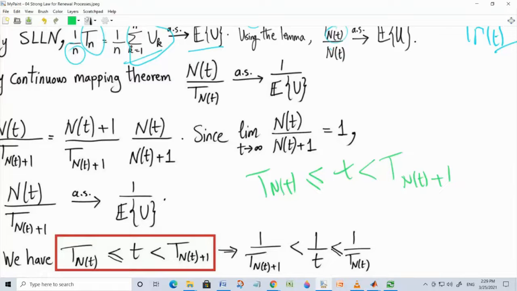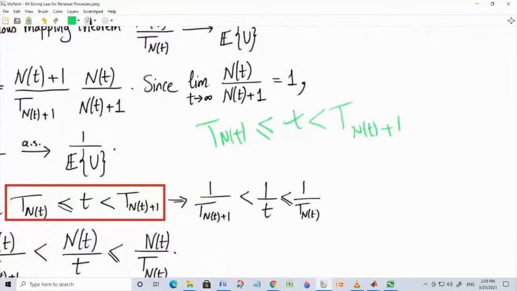What is really going on here? Regardless of what you choose for N of t, it is true. The difficulty in understanding it is that N of t is a random variable, but assign any value to it, and you will find that this is true.